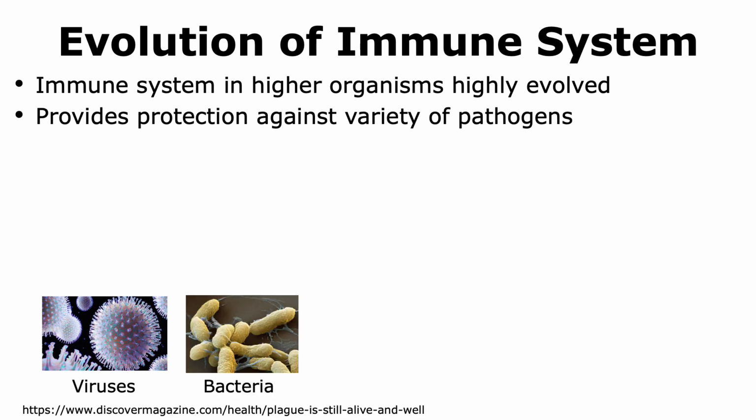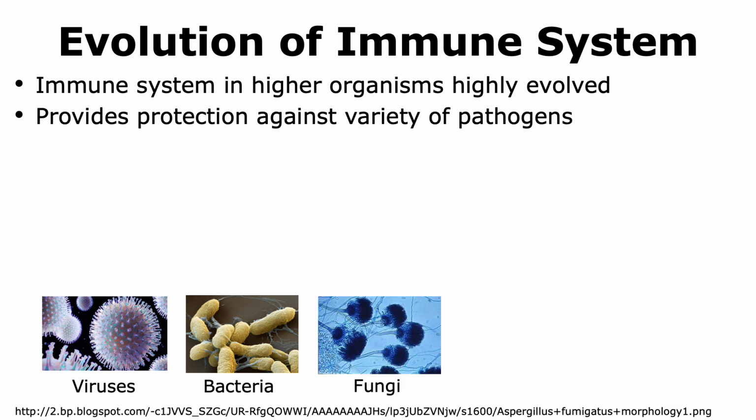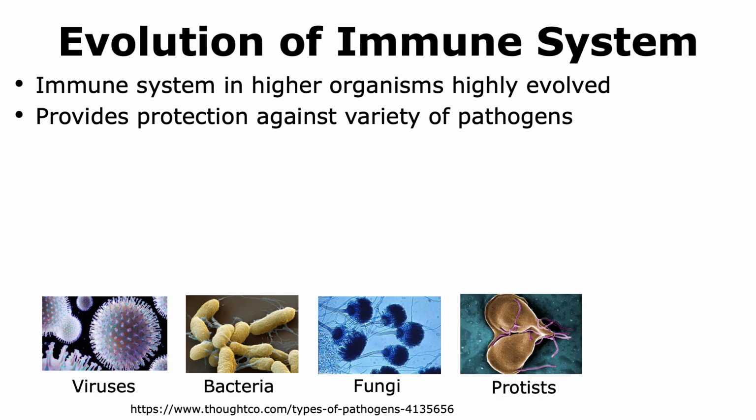Bacteria are another class of pathogens that are known to infect higher organisms. Fungi can be unicellular or multicellular and are known to cause infections. Another class of organisms are protists, which are usually unicellular for the most part, but there are some multicellular protists, and they're also known to be able to infect higher organisms.